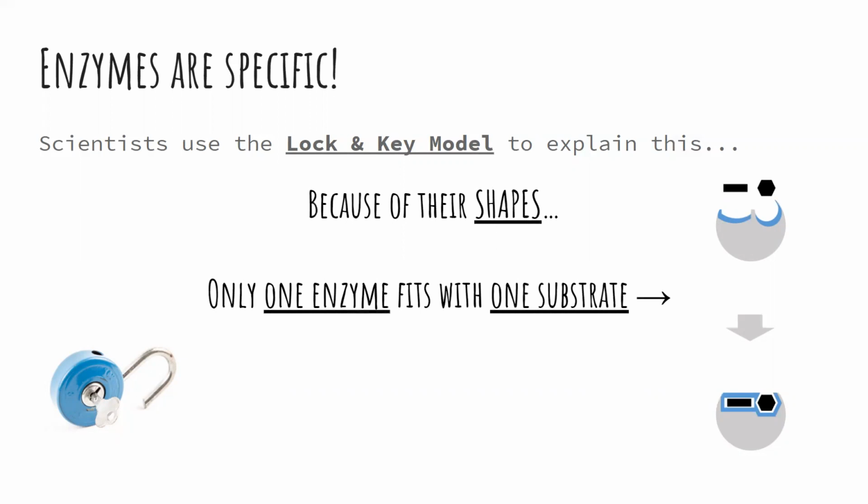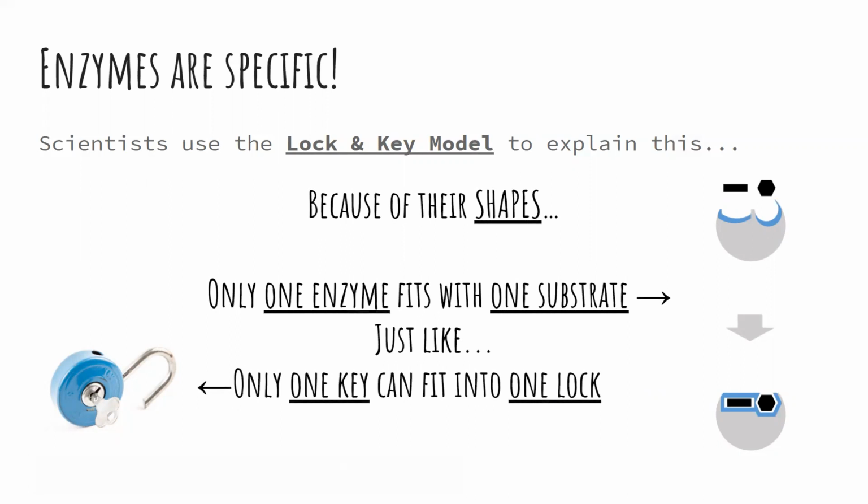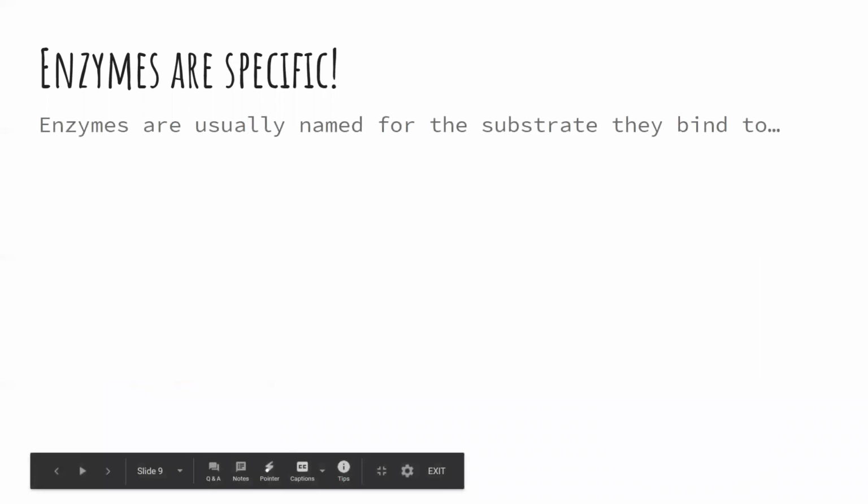So just like only one enzyme fits with one substrate, one key can fit into one lock. Does the key to my house fit your house? Does my car key crank up your car? No way. So enzymes are shape specific and they use the lock and key model to explain that.